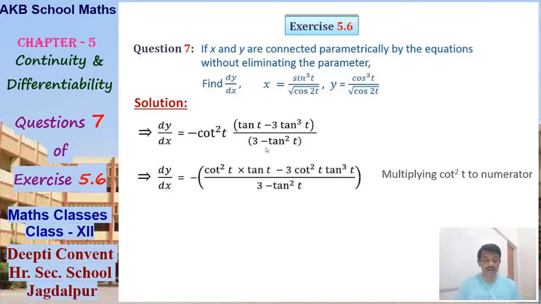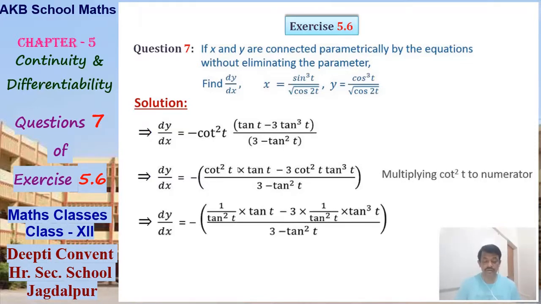Now multiply cot square t into the numerator, that means take cot square t inside the bracket. So cot square t tan t minus 3 tan cube t cot square t. Here tan and cot cancel, leaving a single tan t; cot square t is 1 by tan square t.